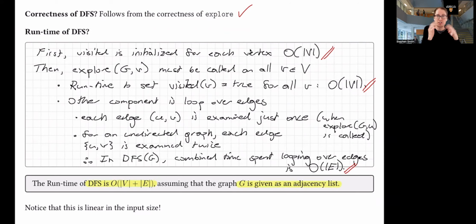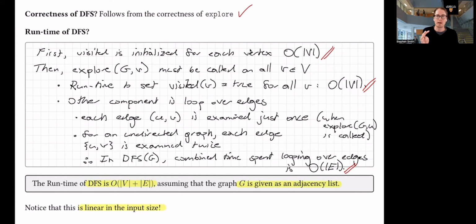The adjacency list took up big O V plus E space, so even just to read that input in takes big O V plus E time, which means that the algorithm is running linear in the input size, which is about as good as you can hope for to explore the entire graph. So note, this is linear in the input size.